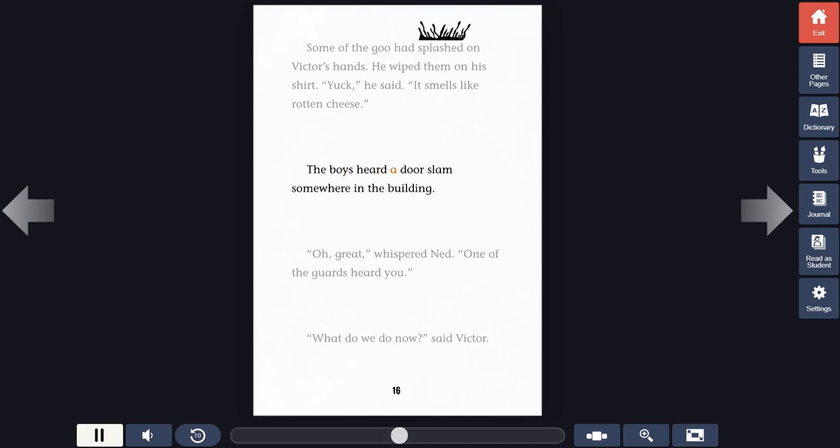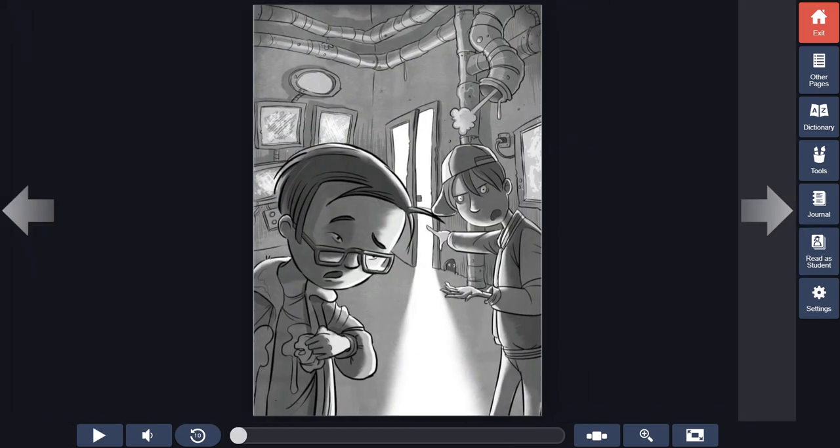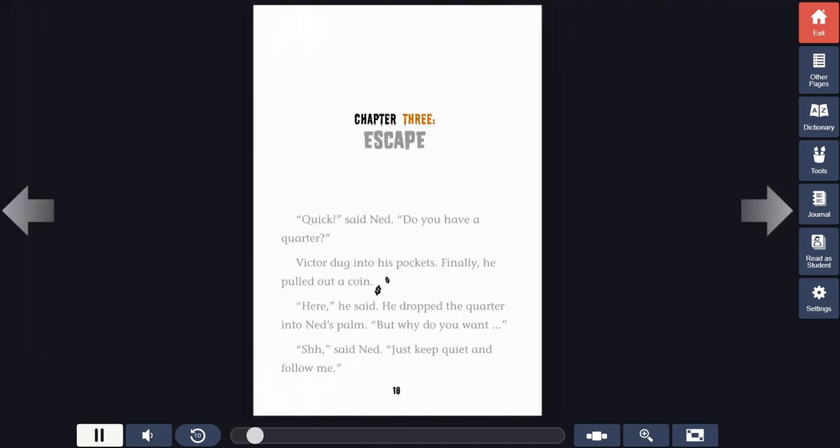The boys heard a door slam somewhere in the building. Oh, great, whispered Ned. One of the guards heard you. What do we do now? Said Victor. Chapter 3. Escape. Quick, said Ned. Do you have a quarter? Victor dug into his pockets. Finally, he pulled out a coin.